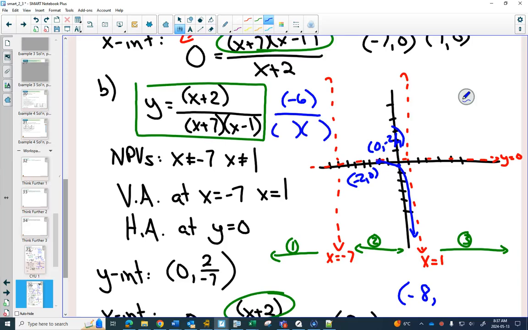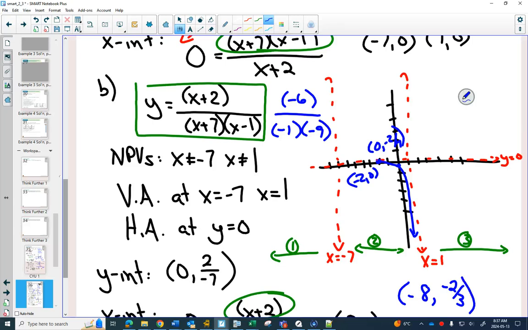If I plug in -8, that'll be -6. This will be -1. This will be -9. And all of those points together will give me -6 over +9, which would reduce to -2/3.